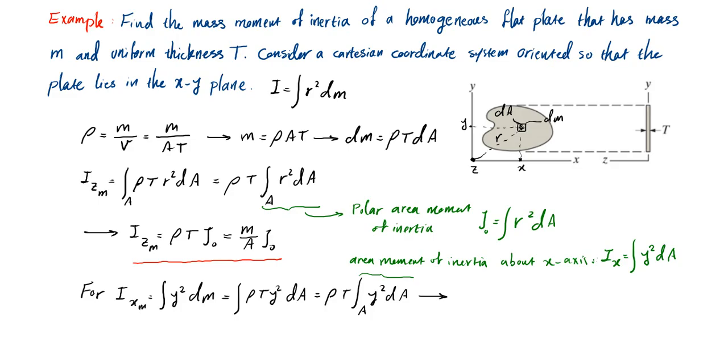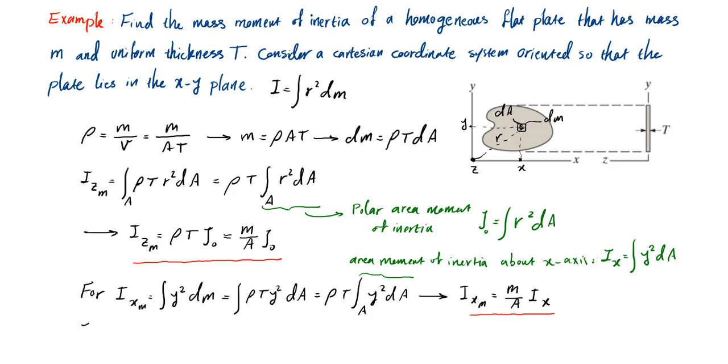We'll get I_x, which I'm putting m on here since we have them both in this problem, but typically we don't put an extra m. Following the same procedure, to get rid of rho t, you can just put m over A instead of rho t and rewrite the equation. So that would be m over A I_x. That would be the mass moment of inertia about x-axis for a homogeneous plate.